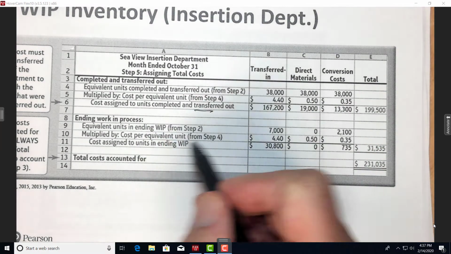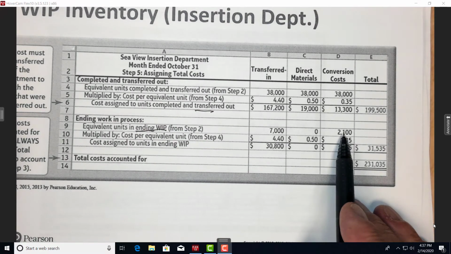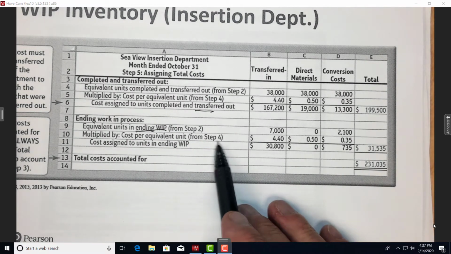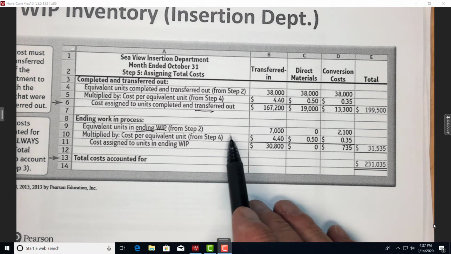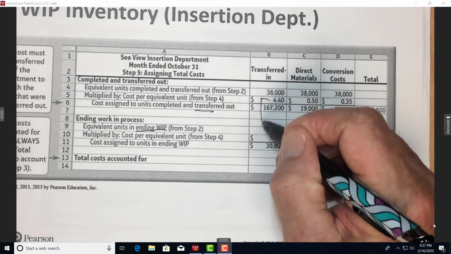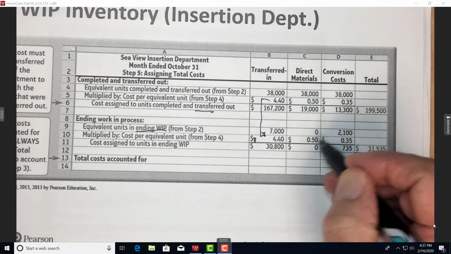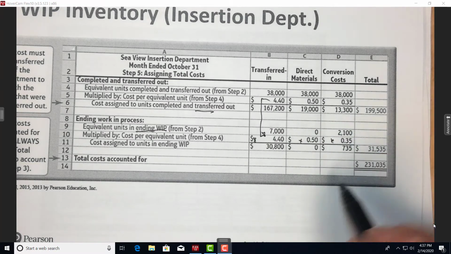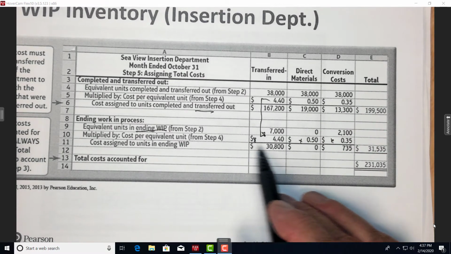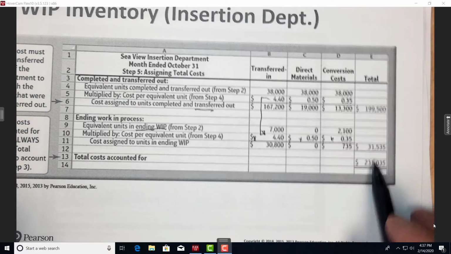And then we have to do the ending work in process, which comes from the physical units times the equivalent units, which is the same, and multiply that times the cost, which gives you the cost assigned to the units in work in process. And don't forget to add, which is there.